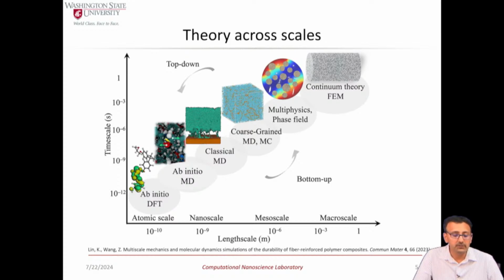Density functional theory is a quantum mechanics based method, which basically solves a modified version of Schrodinger's equation, and it can calculate a wide range of properties, including electronic structure of materials.